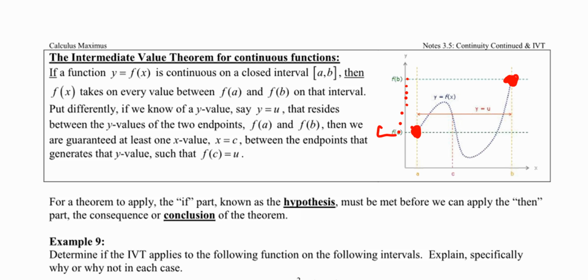Okay, so say it starts at 4 and ends at 10 as y values. Well, it has to hit 4.5, 5, 6, 7, 8, 9, 9.1, 9.17. Okay, it has to hit every single y value in between those. That's what the intermediate value theorem says. It seems as if it's common sense, but it's going to help us by having a specific theorem for this.